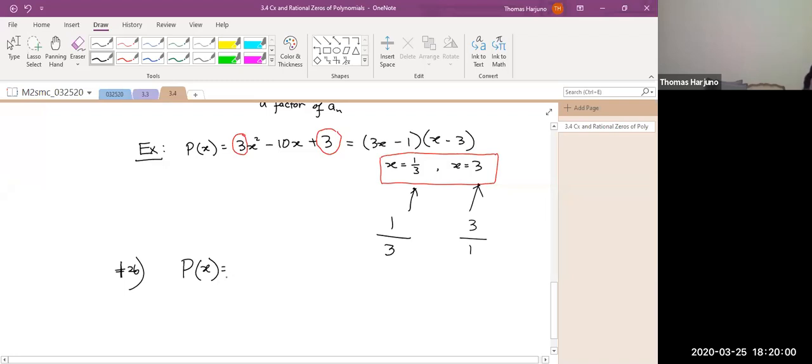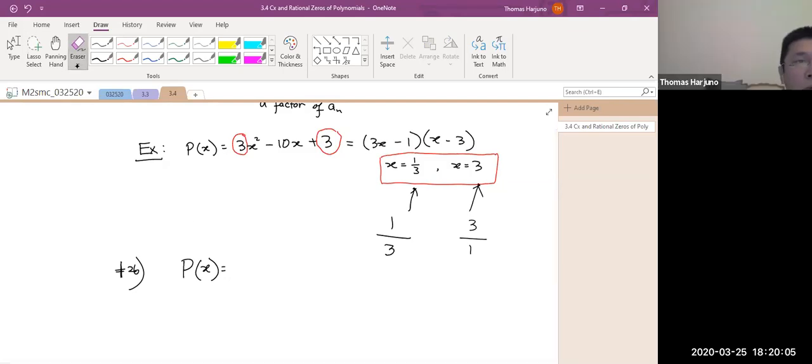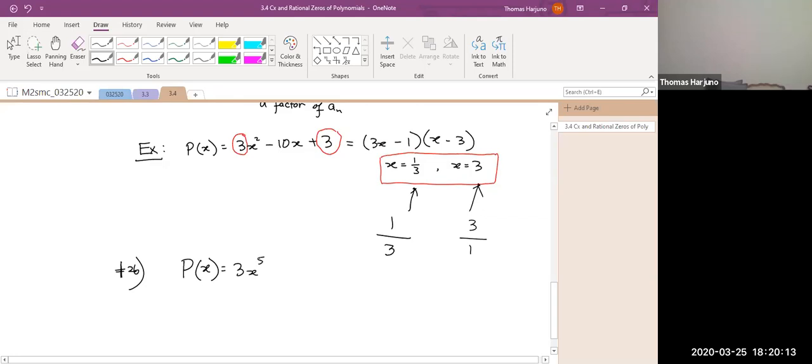Number 26, I have 3x, oops, sorry, 3x to the 5th minus 10x to the 4th minus 6x cubed plus 24x squared plus 11x minus 6.